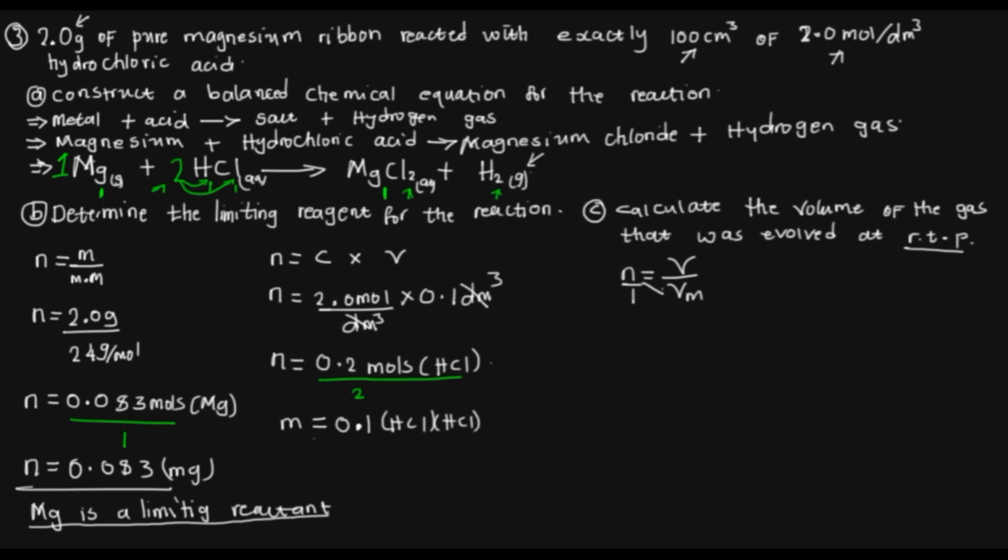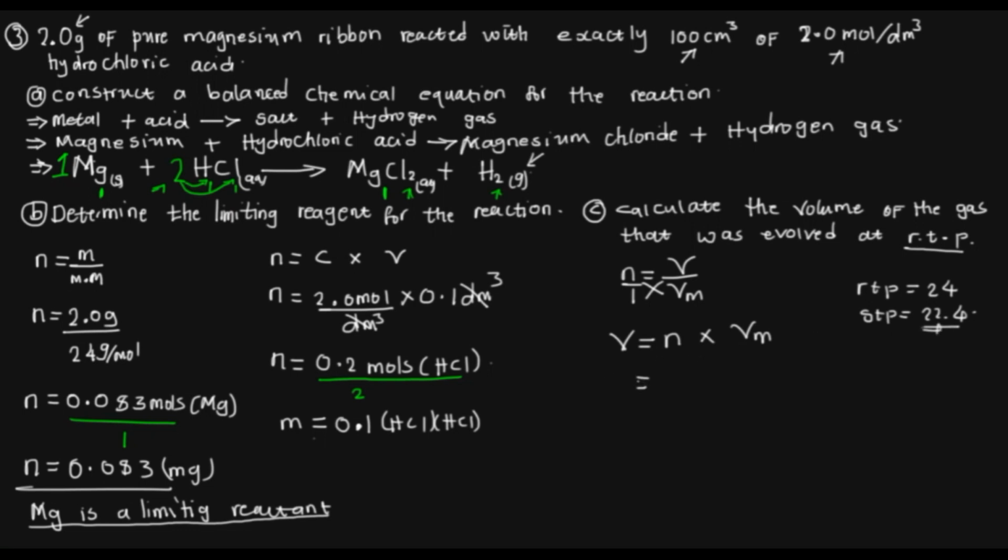We cross multiply so that we can make V the subject of the formula. To find the volume, we need the number of moles multiplied by molar volume. The molar volume here, since it's RTP, is 24. If it was STP, it would have been 22.4. So take note of this number.